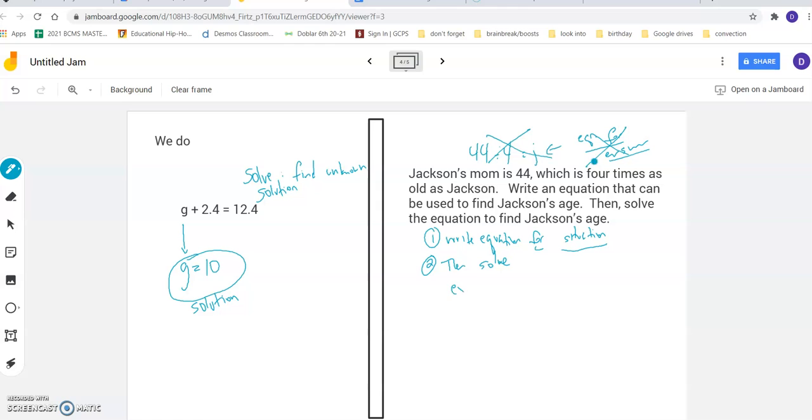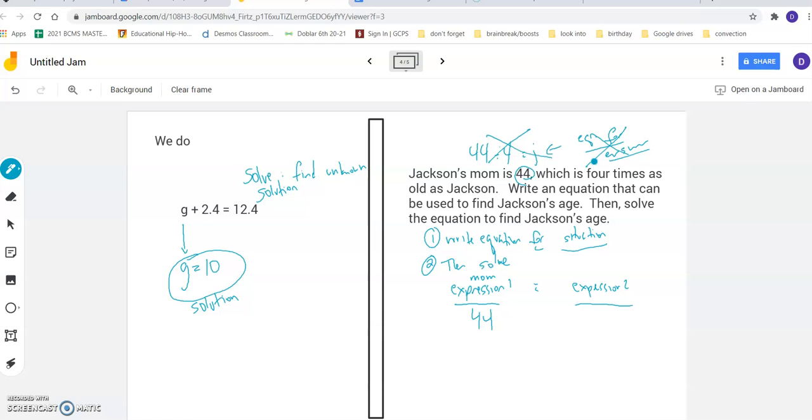So remember, to do that, we write our 2 expressions that are given to us. Expression 1 and expression 2. And set those equal to each other. Super, super, super important. So in this case, expression number 1 is probably going to be mom's age, because that's what I see first. So mom's age is 44. There's nothing to calculate. We know that one.